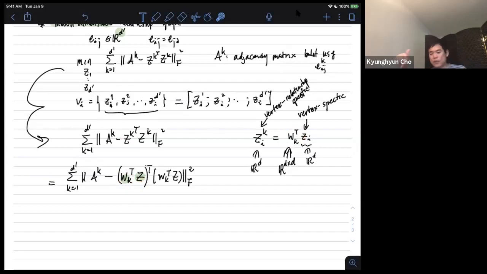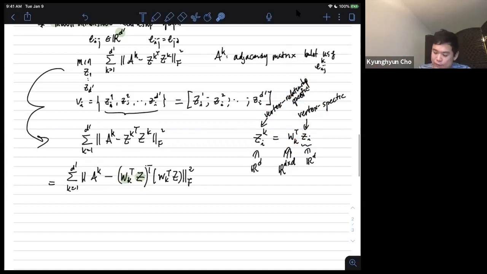Now we get a single vector representation that is specific to each vertex. And then this vector can be turned into a vector representation that is specific to the combination of the vertex and the relationship. There are d prime many relationships, by multiplying the original vector with this relation specific Wayne matrix W_k.